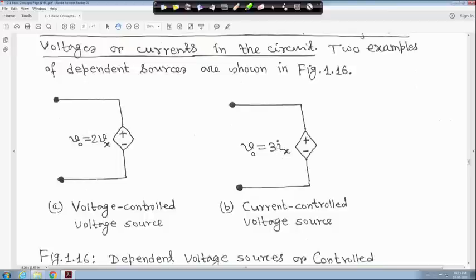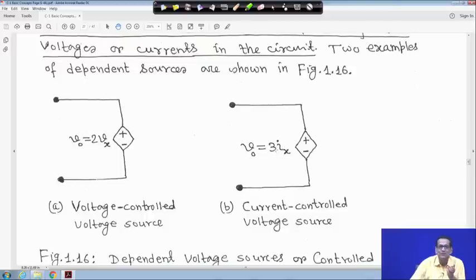Sometimes we call this 3 a gain parameter; it may be 4, 5, 2, 1.2, it does not matter. Just for the purpose of explanation, we have taken V0 equal to 3 into Ix. Ix is the current through some other branch X, and if Ix changes, V0 changes. That is called a current controlled voltage source, CCVS in short, because the voltage source V0 is a function of the current. The other is the voltage controlled voltage source, VCVS, right.